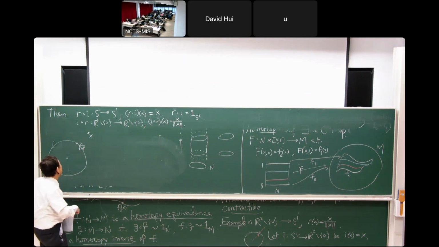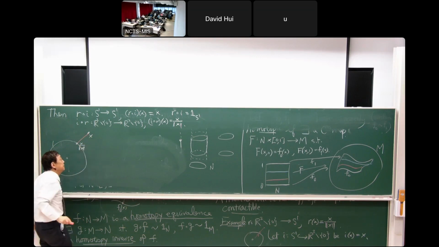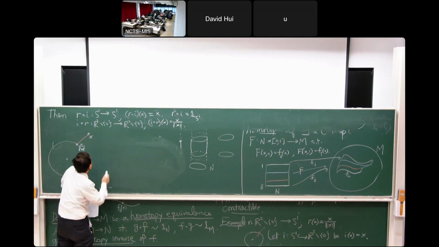And you see that there's a straight line connecting these 2 points. So you can define a straight line homotopy.